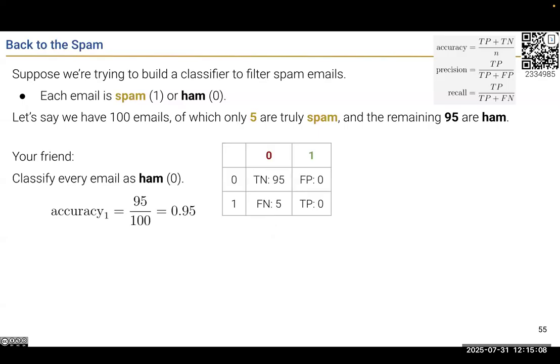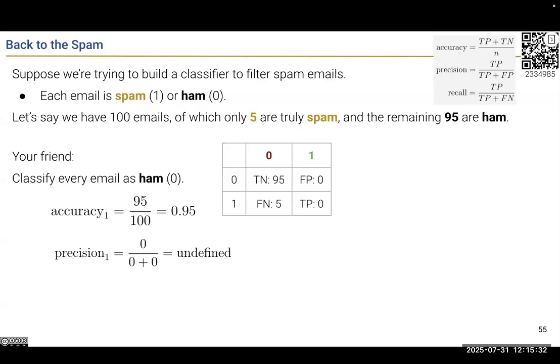Precision is about the second column: you look at the true positives over the sum of the second column. So it's 0 over 0 plus 0. This is actually undefined; you can't really divide by 0, let alone divide 0 by 0. So undefined precision, which is fine.